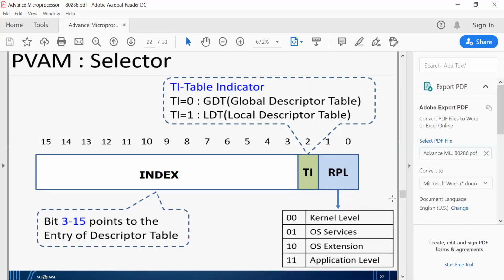And the local descriptor table contains only the segment, task gate and call gate descriptors. A call is used for a subroutine, so there are task gate and call gate descriptors along with the segment descriptors.